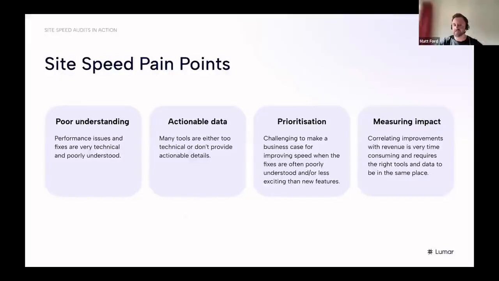Actionable data: many tools are either more developer-centric and too technical to even really understand what they're telling you, or they don't provide actionable details. So if you've used something like CrUX or, forgot the other one off the top of my head, these more high-level benchmark tools that give you a score and give you a sense of how you're doing, but not necessarily the details to be able to write a ticket and say, do this thing because this will impact this score.